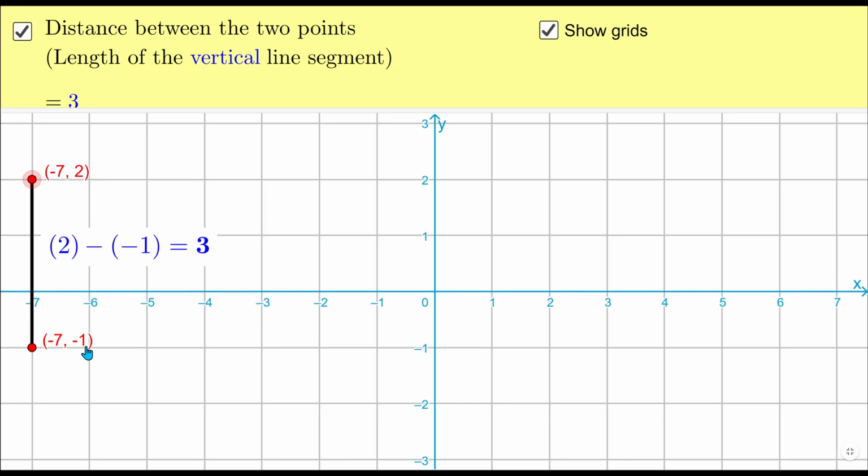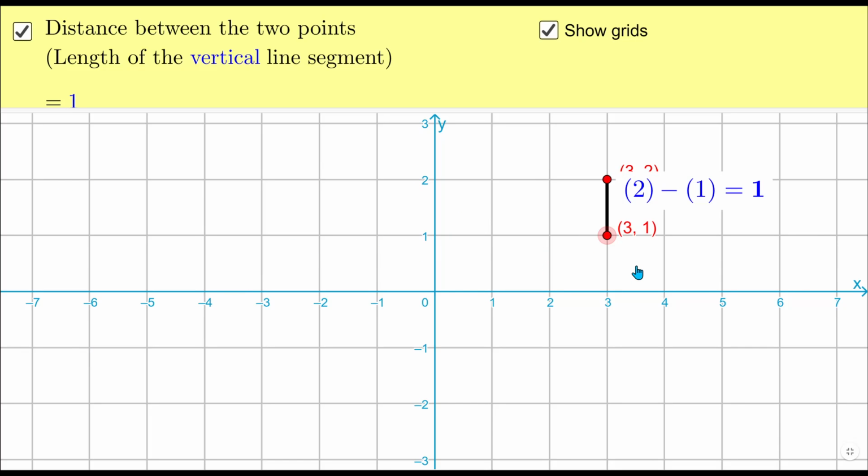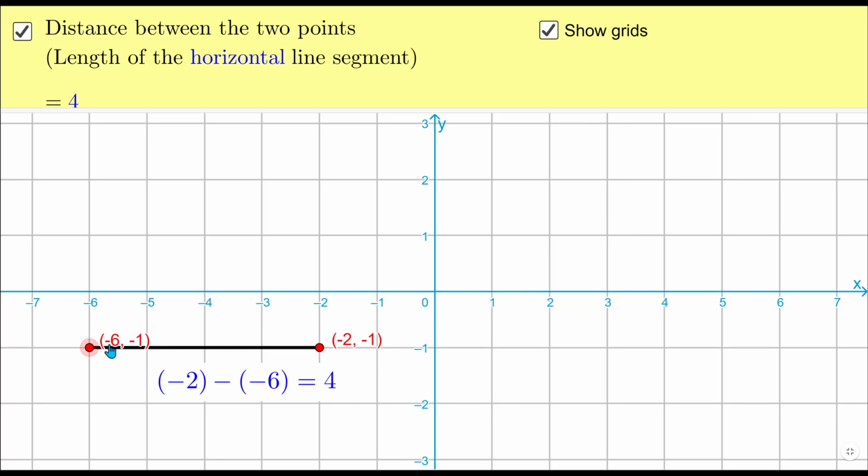If they're mixed, you add them. If they're the same from the first to the third quadrant, you subtract them. 3 take away 1. If they're both negative, negative 6, negative 2, we get 4.